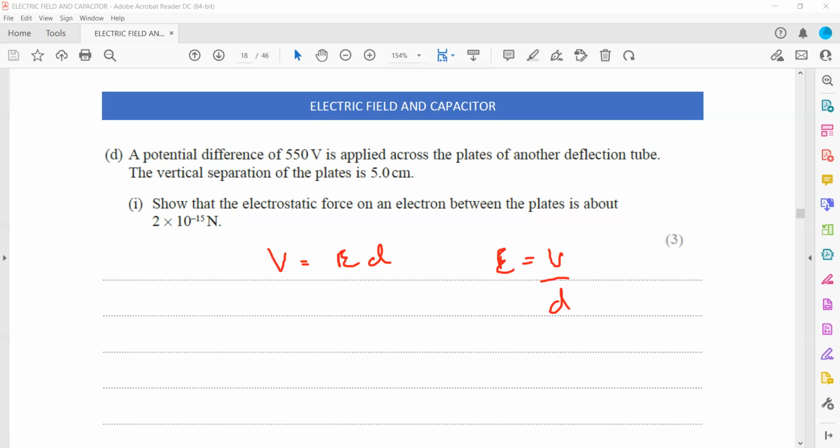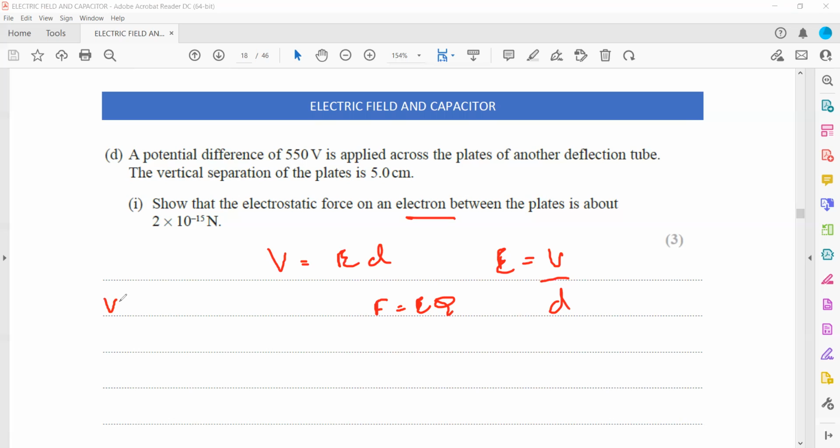After that, because we need the force, E is equal to F over Q, so F is equal to E times Q. What charge will we use? Because we are accelerating an electron, the charge of one electron is 1.6 times 10 to the power minus 19.